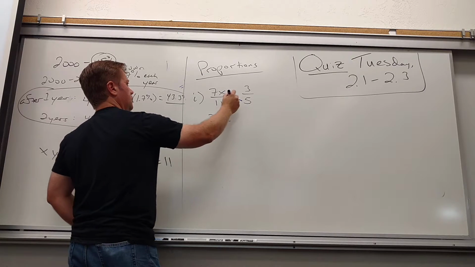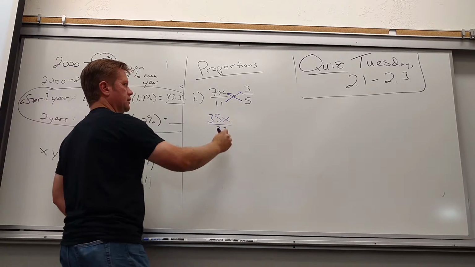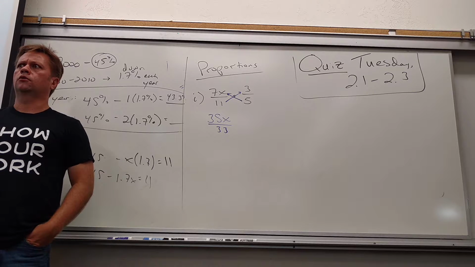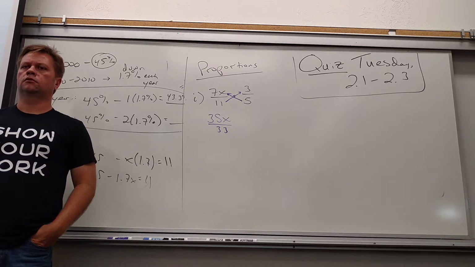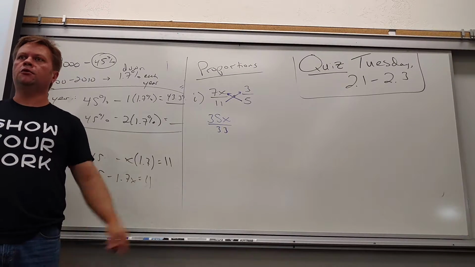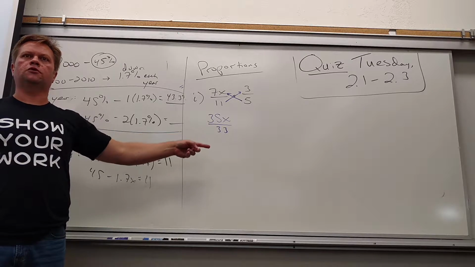35x. Here I get. Now, what do you tell the person that does this? I always get somebody that does this. And then they're just like, okay. There you go. Or they set it equal to 0 or something crazy. Where did that come from? What did they not do they were supposed to do?